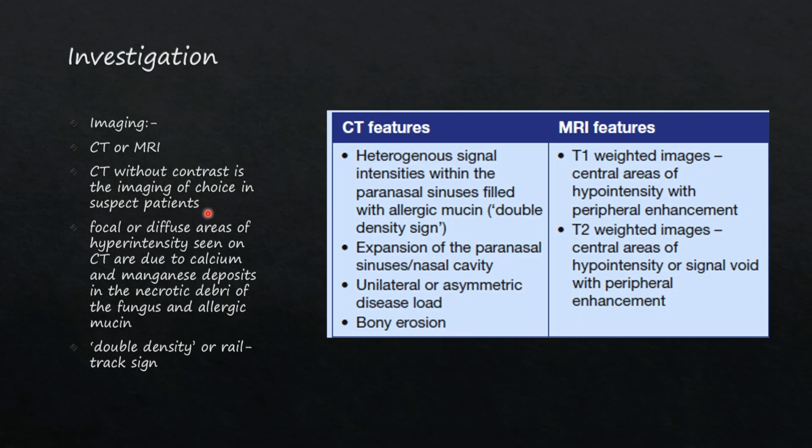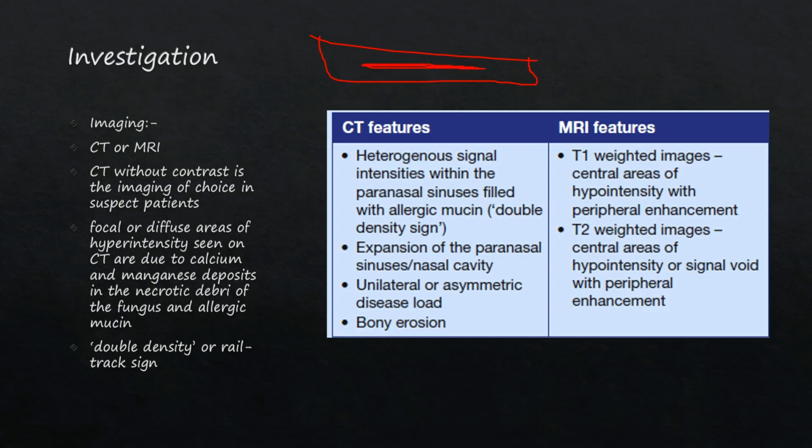Now let's talk about the CT features. This is very important from the treatment perspective. So heterogeneous signal intensity, there will be one signal which would be clearly seen, I'll make it here. So that there could be an isodense lesion over here, and then there would be a darker lesion, right?